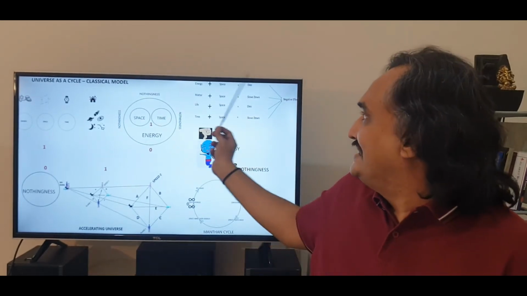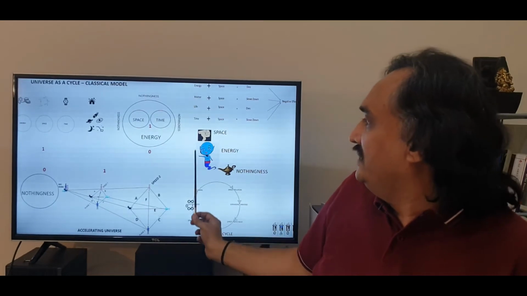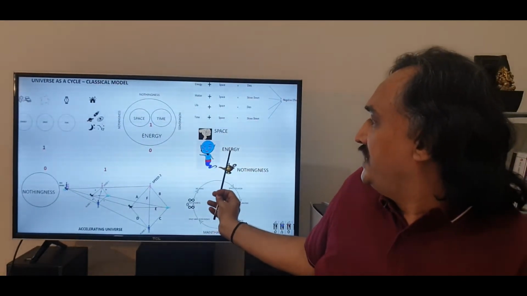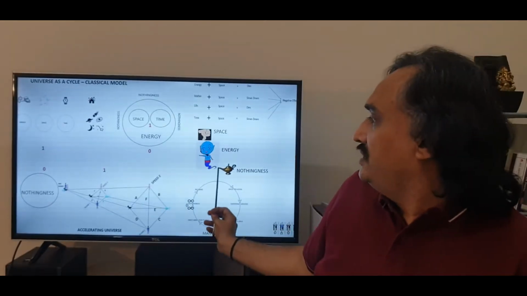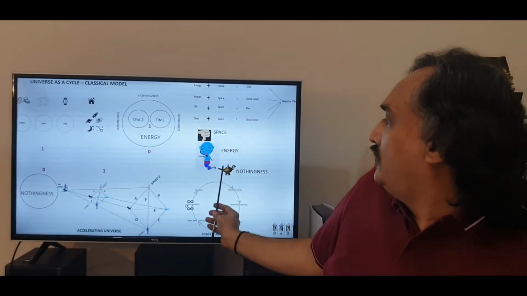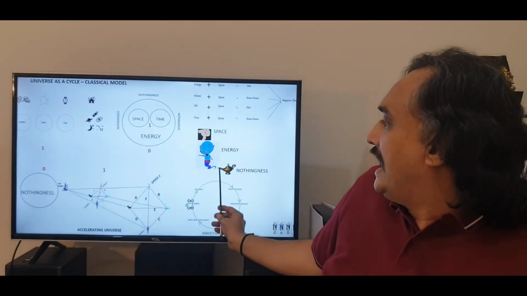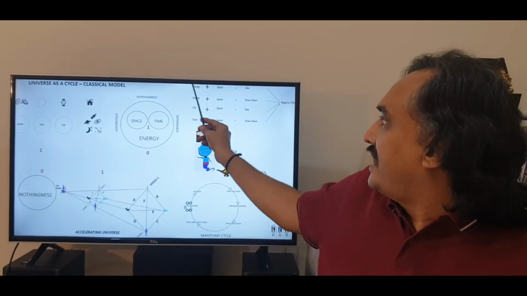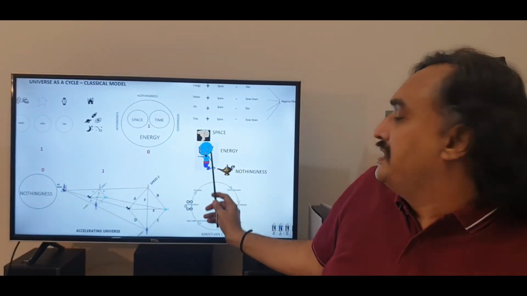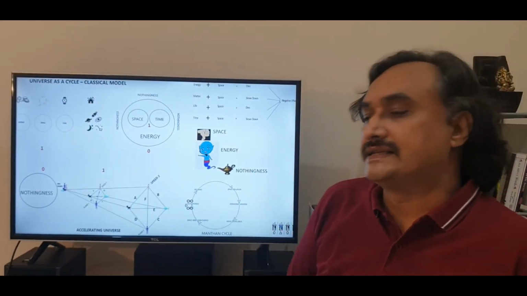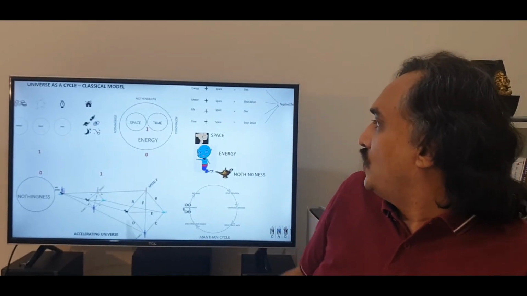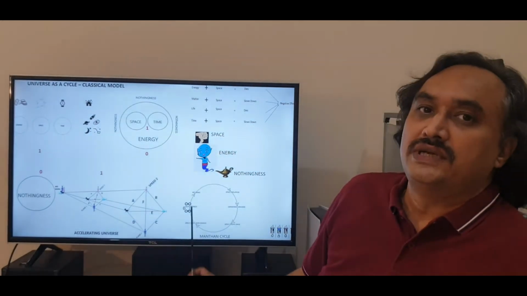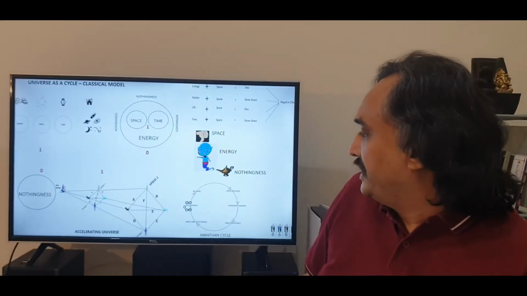This could be pictorially represented as: energy is the genie which has escaped the bottle of nothingness at Big Bang, and space is trying to put all of this energy back into the bottle of nothingness. This is what is postulated in the Manthan cycle.